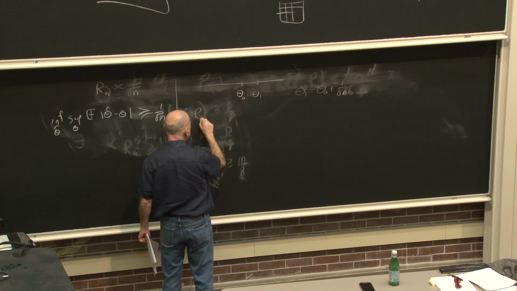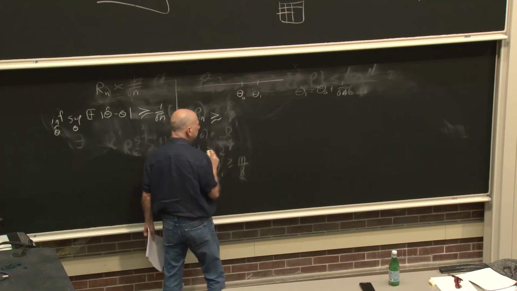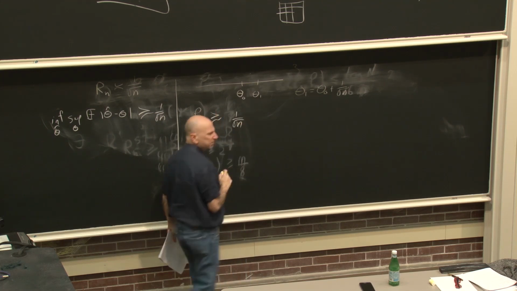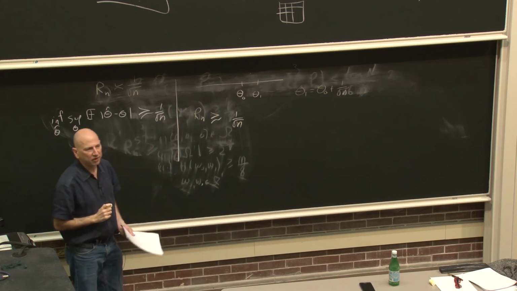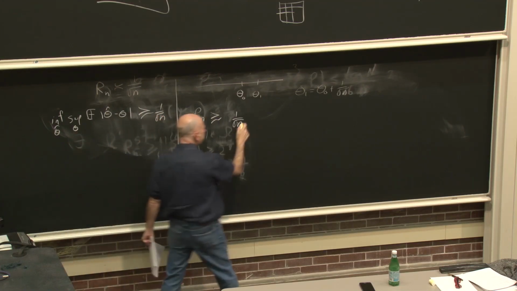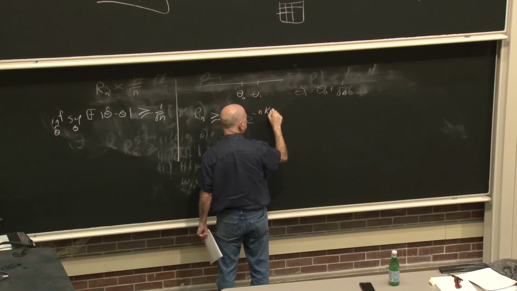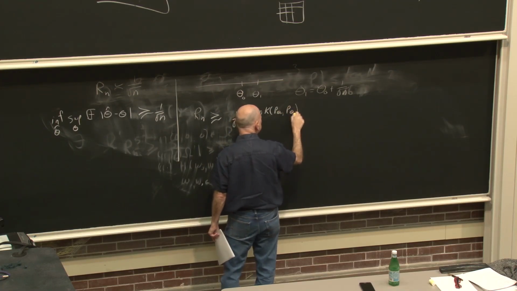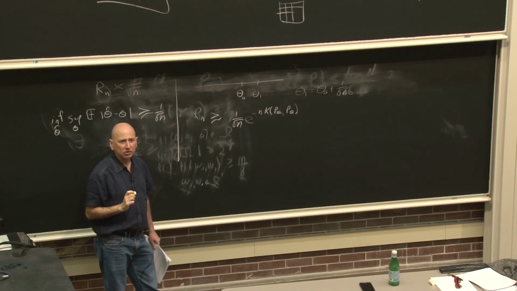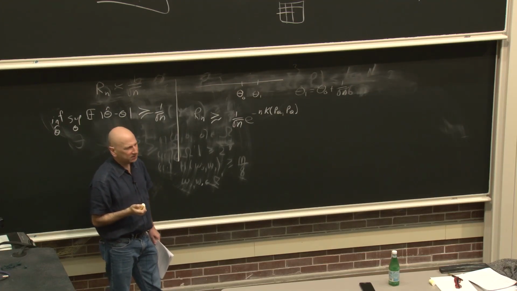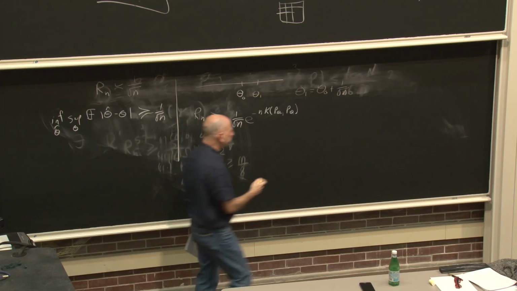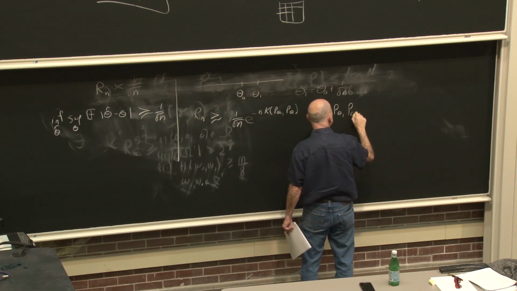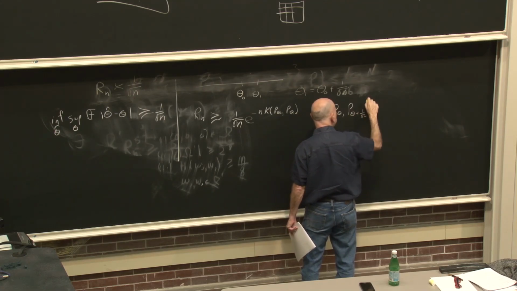So the risk should be that distance, which is 1 over root n, divided by 2 or something, but I'm using my squiggle here, which means I can throw away constants, times e to the minus n times the KL distance between p theta 0 and p theta 1. But at some point we talked about this, maybe it was even a homework question: in a well-behaved parametric model, what do we know about the KL distance of two parametric distributions that are close together?